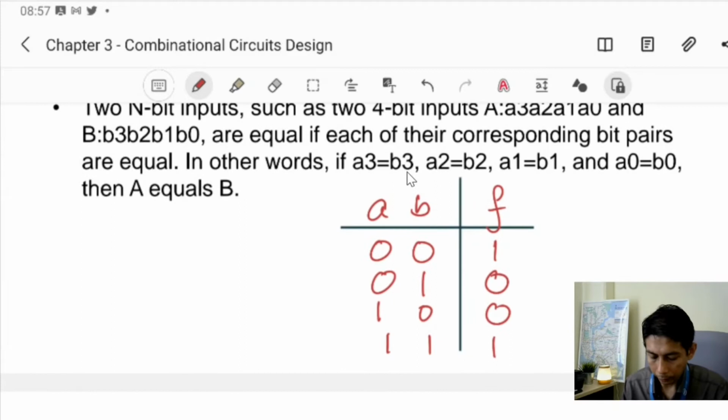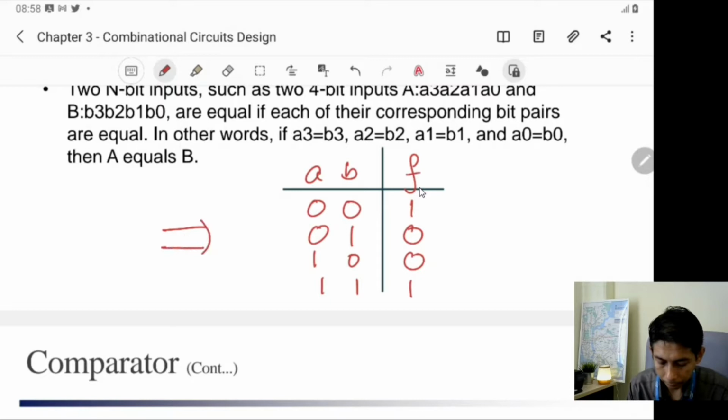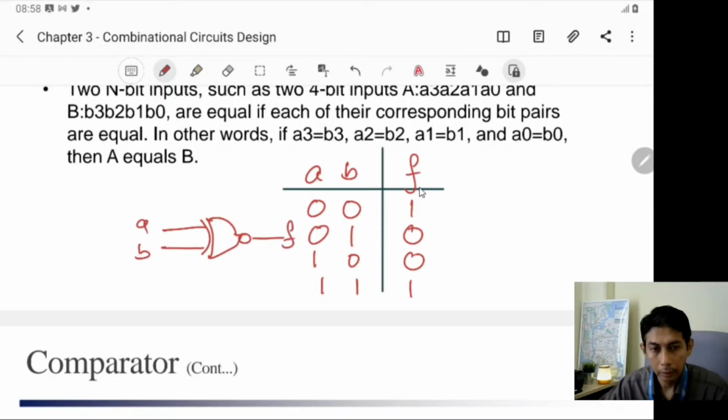So we can use the XNOR gate to design the equality comparator. When we observe the output of an XNOR gate, we can see that if A and B are equal, F equals 1.